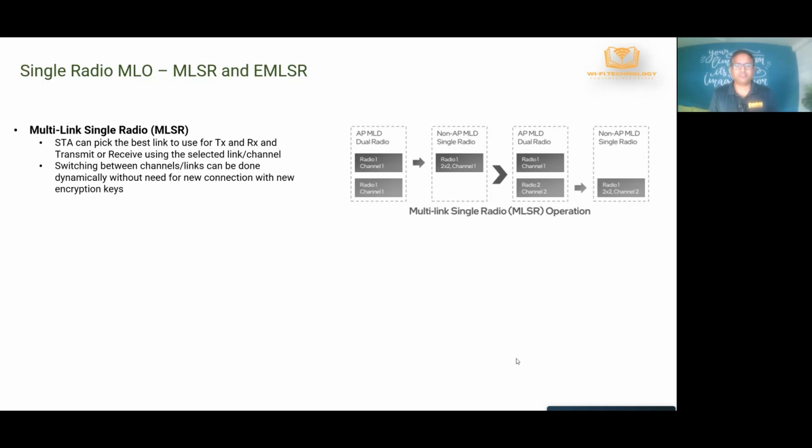So in that scenario, we have a technique called MLSR, or multi-link single radio operation. As I was saying before, this is used for better link selection. So the radio can scan on all the channels, and it will figure out which channel is best for transmission, and it will use that channel, and it will keep changing the links as needed over a period of time.